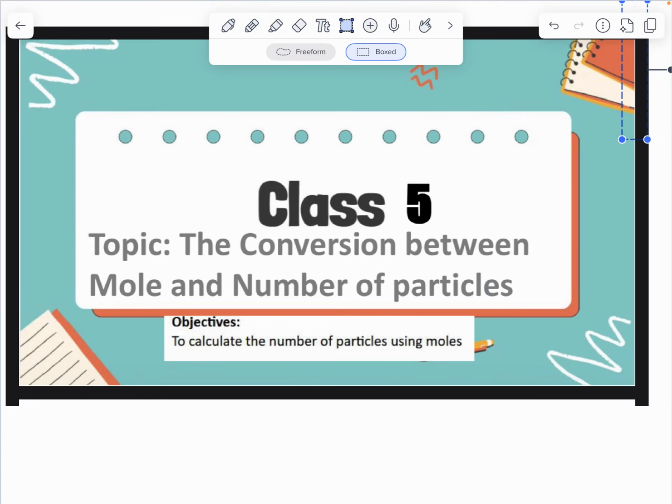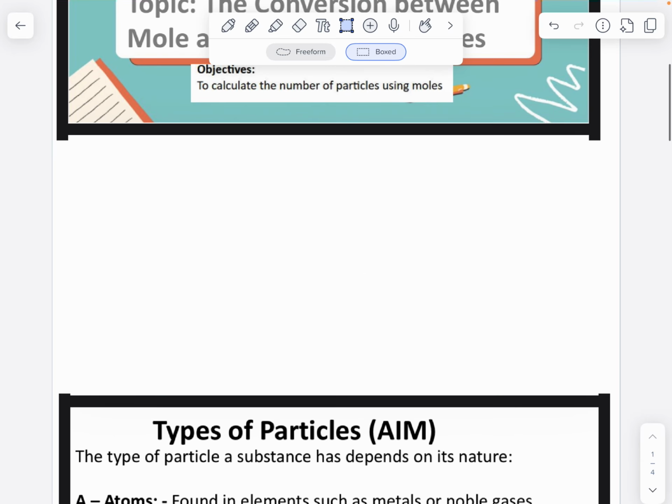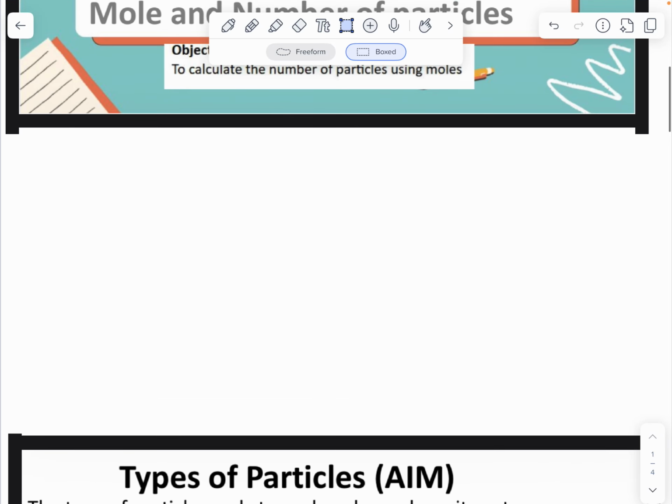Hello everyone. So in this video I'm going to be explaining the conversions between mole and number of particles. Previously we looked at the mole concept, just a little introduction.